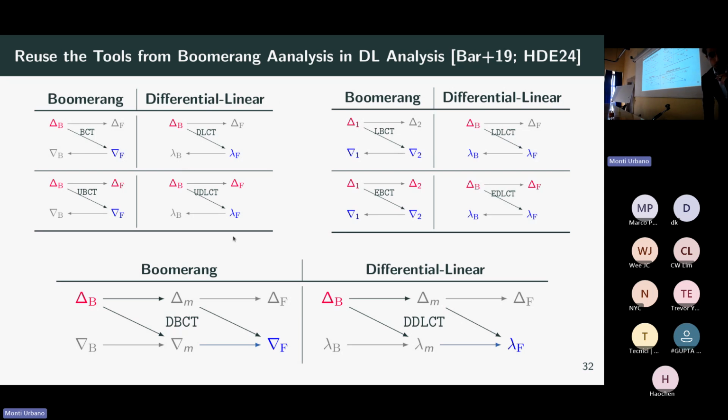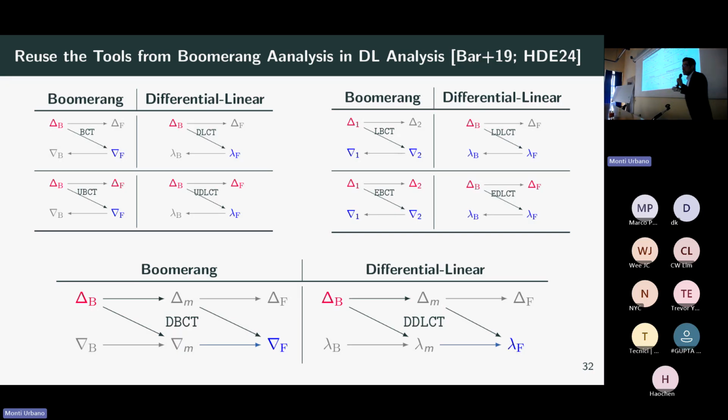Actually, this DLCT was proposed in this Eurocrypt paper, and the rest were proposed by us in Crypto 24. We just transformed and translated the tools in boomerang analysis into differential linear analysis. Because when I started studying differential linear, I just realized that, wow, it's kind of similar. We can just reuse the insight and advancements in boomerang analysis in differential linear.